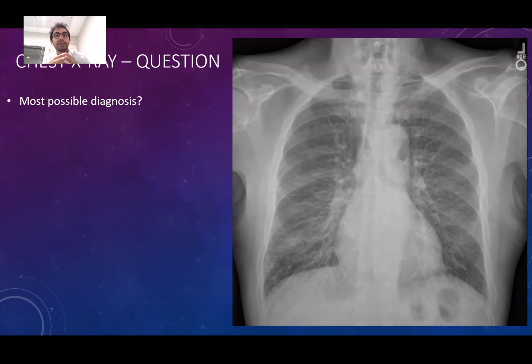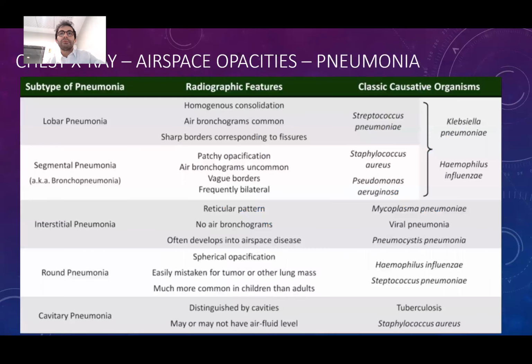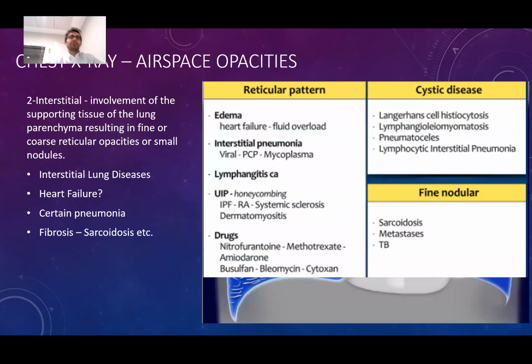And interstitial linings, as I have told you, the interstitial appearances, reticular appearances, have a very, very long list of differential diagnoses. So can this be a viral pneumonia? Why not? Can this be usual interstitial pneumonia? Yeah, why not? Who knows?